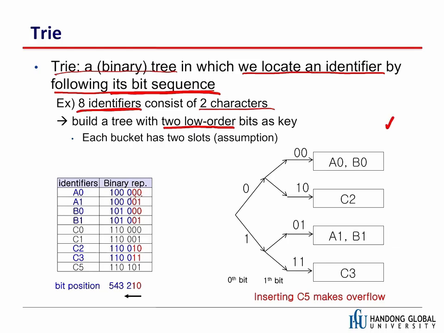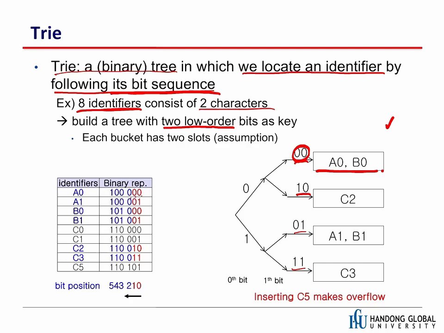In these examples, we have 2 lower bits to indicate this node, and in this node, we have 2 identifiers. In the previous slide, each node had just 1 word, but in this tree, we have a bucket. Instead of 1 word, we have a bucket with 2 slots. If you want, you can have more slots, but in this case, we assume that we have only 2 slots in each bucket. So with the 2 bits, we can have 4 buckets, and then we can have 8 identifiers here.